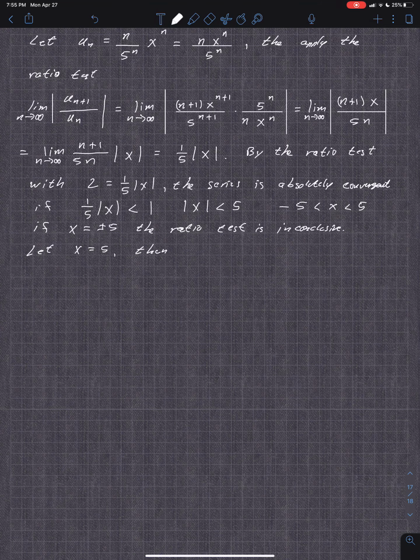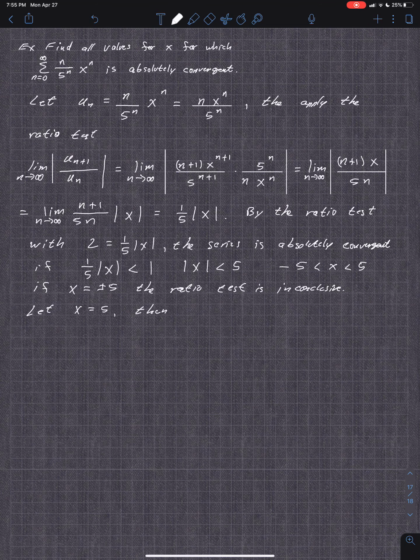Okay, then we get, where's our series there? All right, so we'll just call it a sub n. So our a sub n is equal to n over 5 to the n times x to the n. So our a sub n, if x is 5, would just be n, which of course diverges.